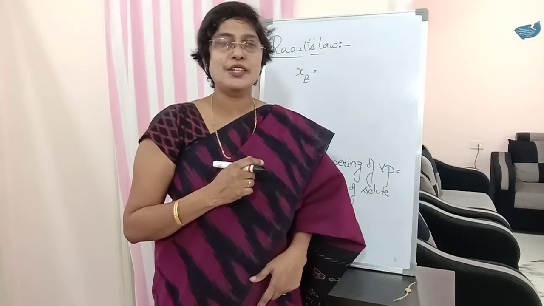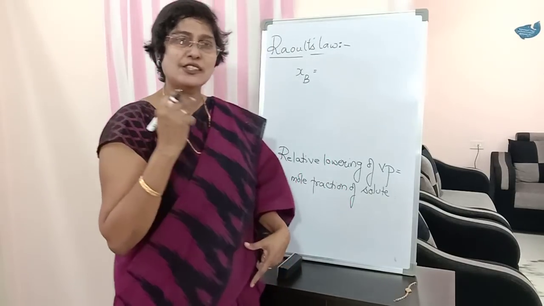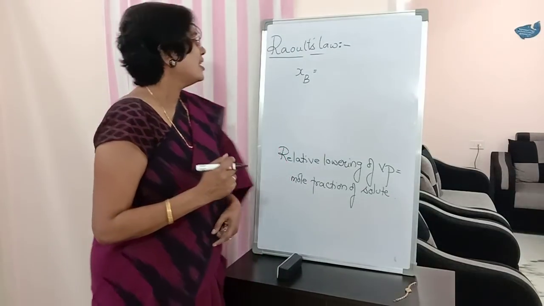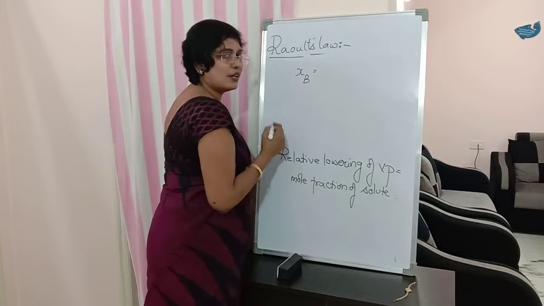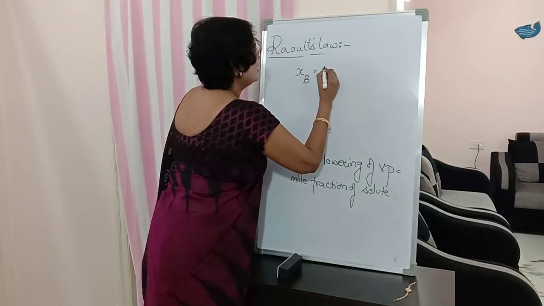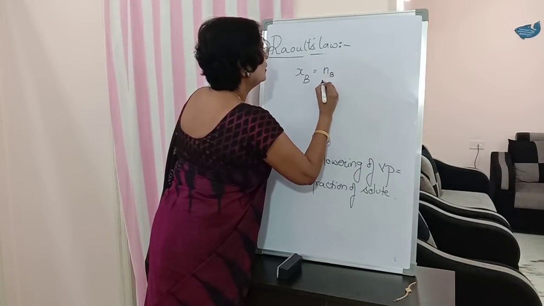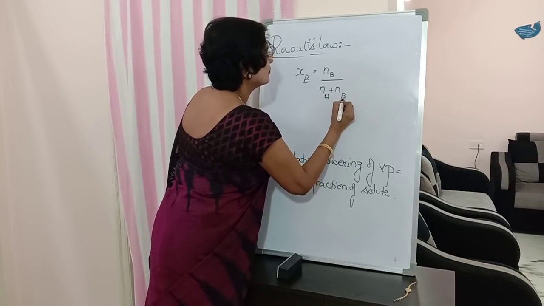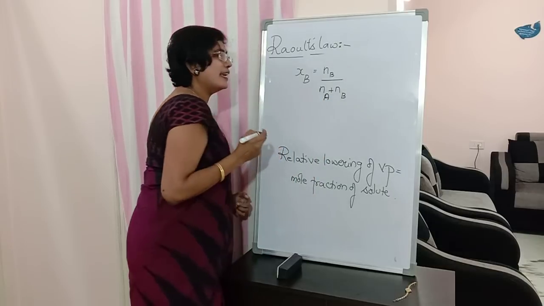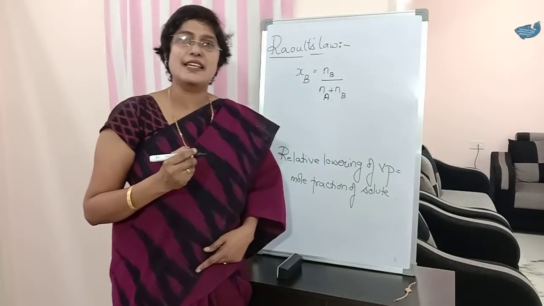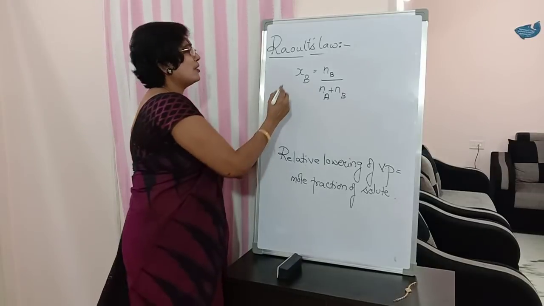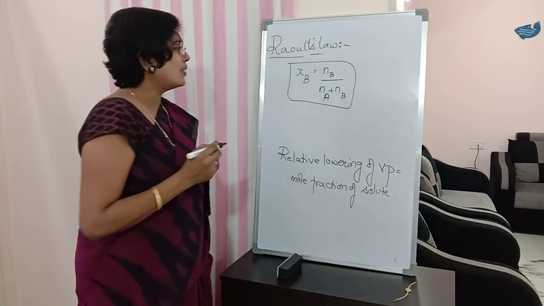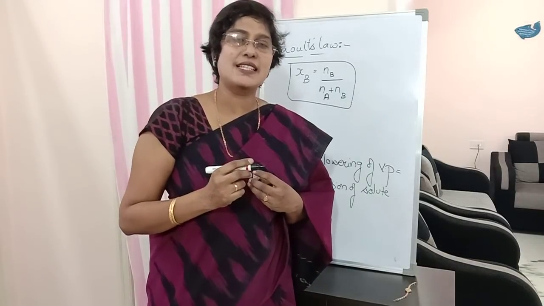In the beginning I told you what mole fraction is, but you must be knowing because you have learned this in your intermediate level. So, how do we get the mole fraction of solute? See, this is the formula. XB is equal to NB by Na plus NB.